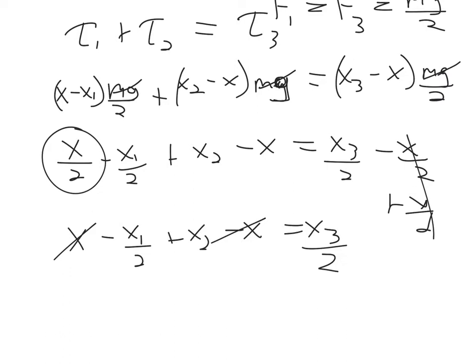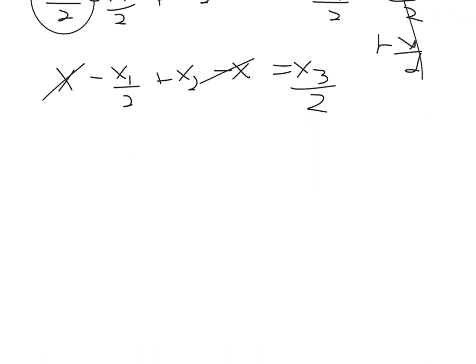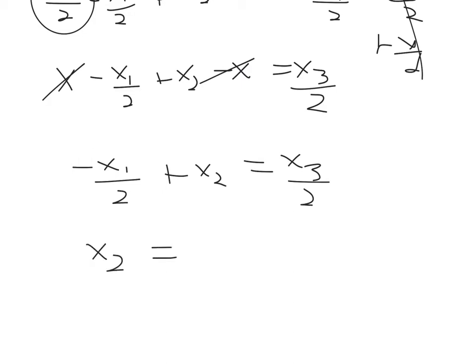And so now I can come back down here and get, so this is negative x1 over 2 plus x2 equals x3 over 2. And now I'm just going to move this to the other side, so I'll get x2 equals x1 over 2 plus x3 over 2.